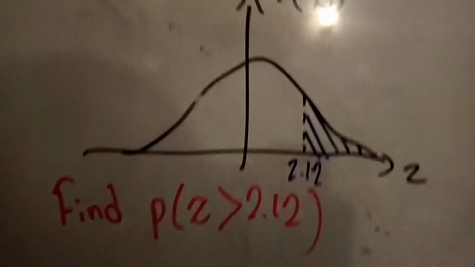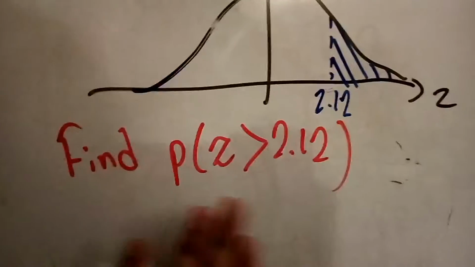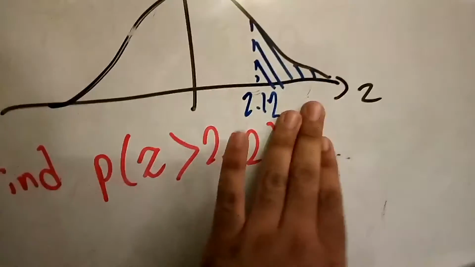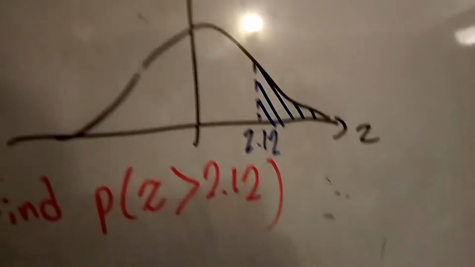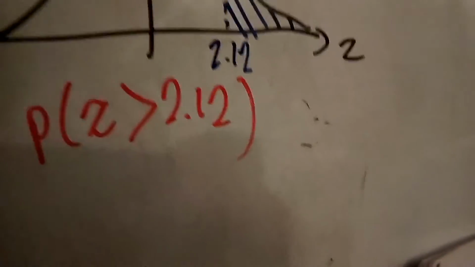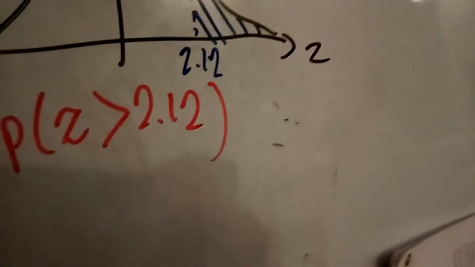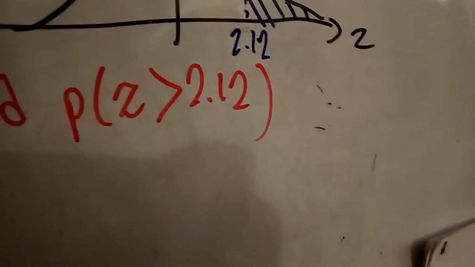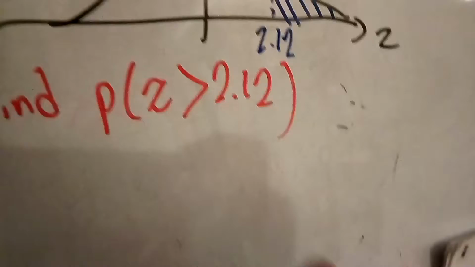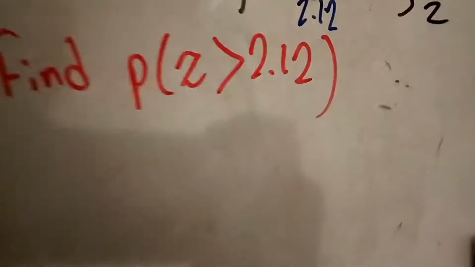So here's a new problem which asks to find the area or probability which is greater than 2.12. Now if you go to page number 202 of the Edexcel S1 book, you will see a small table for values which are greater than, and it may not contain 2.12.